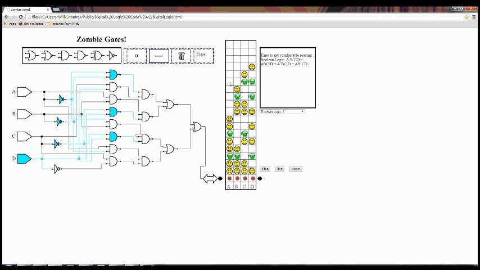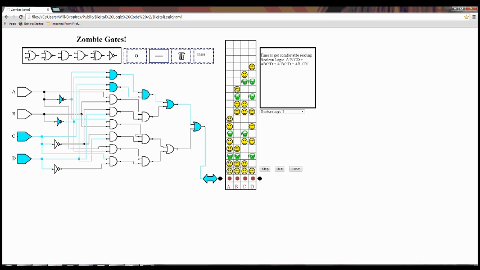So I look at the top here, I have A naught, B naught, C, D. In other words, when this row gets to the buttons, C and D will be pressed. That means these two conditions will be on. And A and B, there's nothing going to be pressed, so it's going to look like this. And I have an on condition right there.